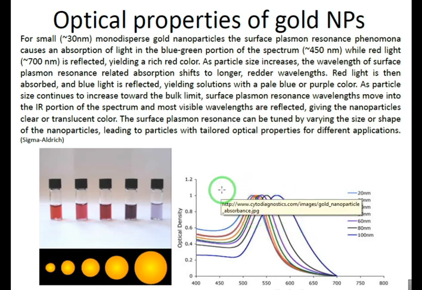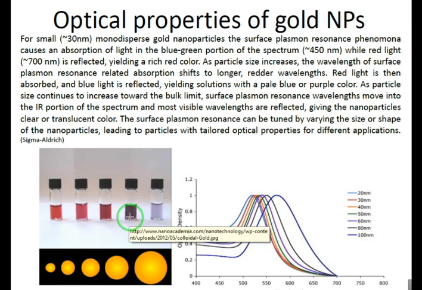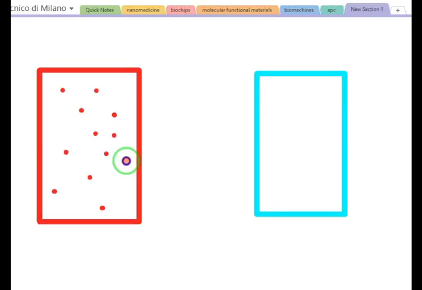Okay, but let's see how we can use this property for detection of, for example, the protein clusters. Here's the simple idea. If we have a suspension of small gold nanoparticles, we will see that they absorb the wavelengths, and what you can see is the red suspension.